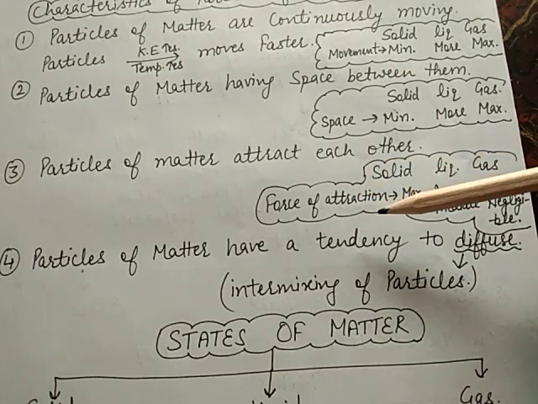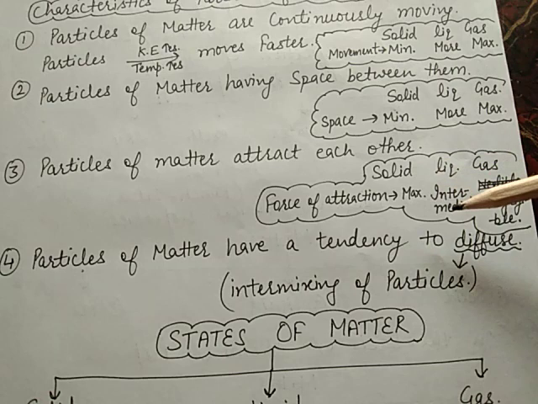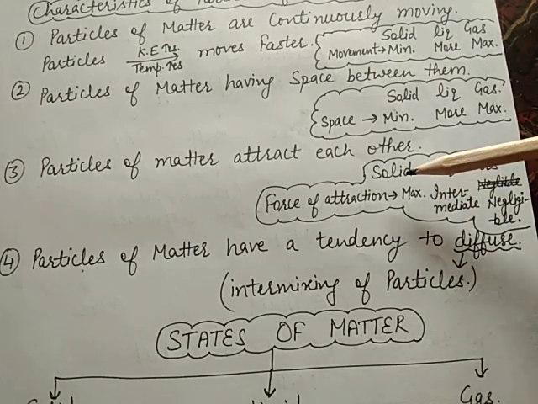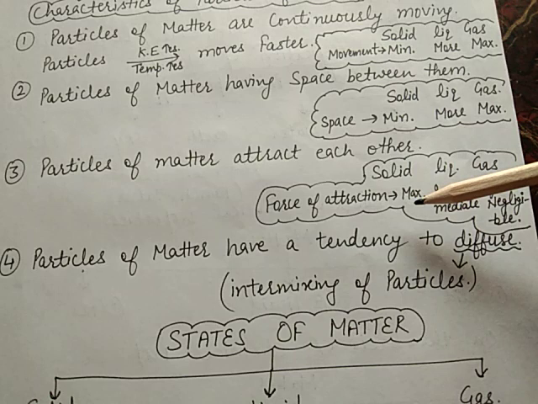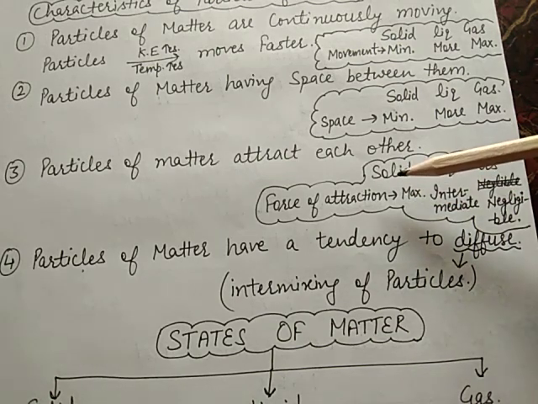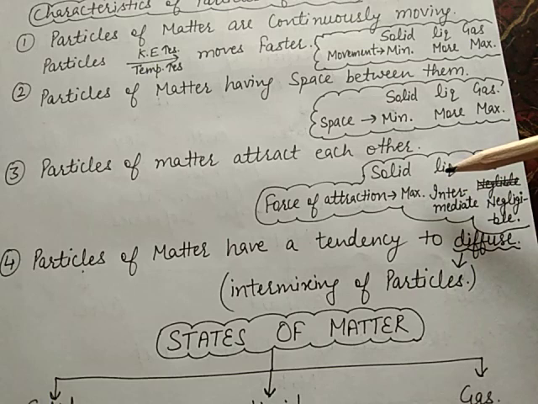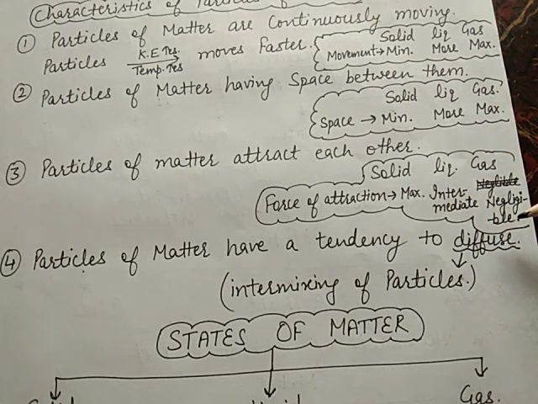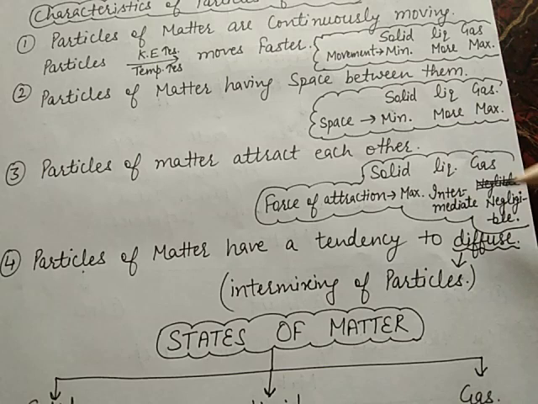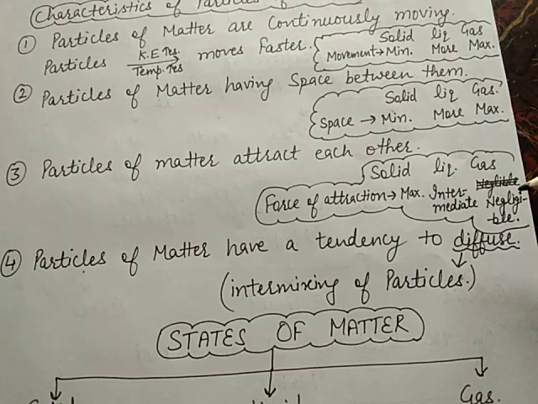The force of attraction in a solid is maximum because molecules are close together. There is no space between the solid particles. In liquids, intermediate force of attraction takes place. In gaseous particles, there is negligible force of attraction, so the gaseous particles move randomly because of the large space present between the particles.